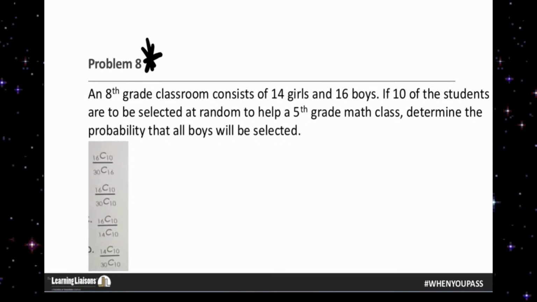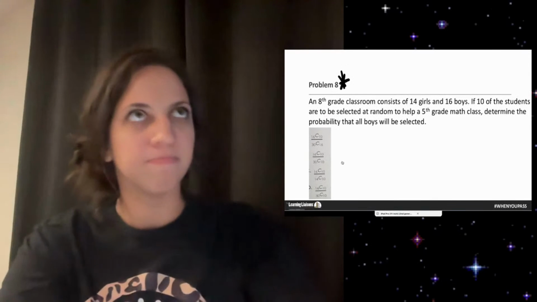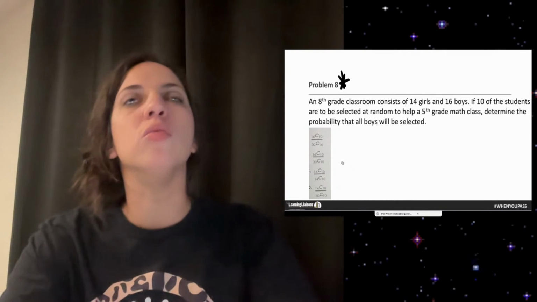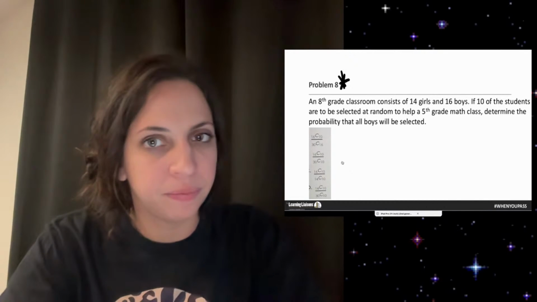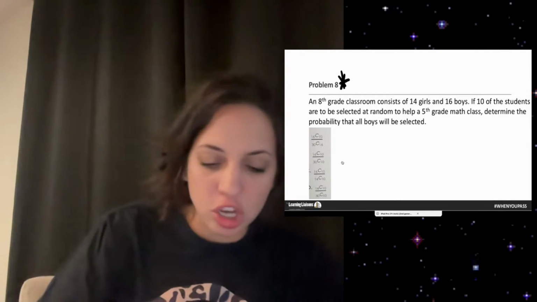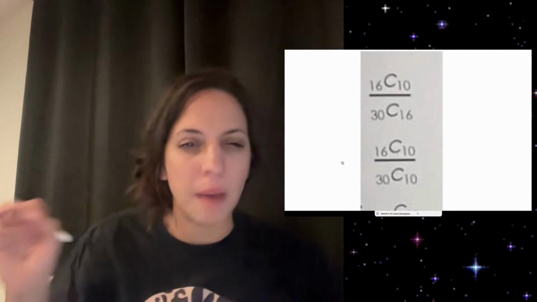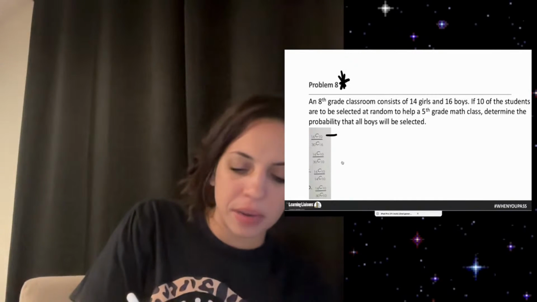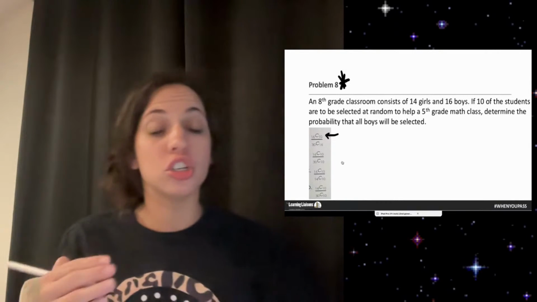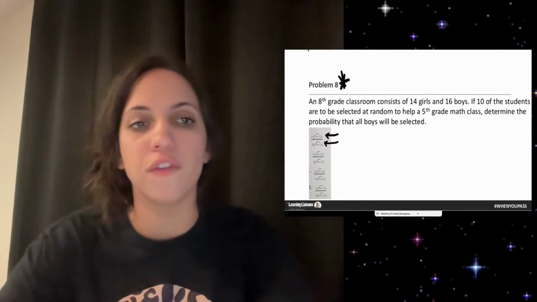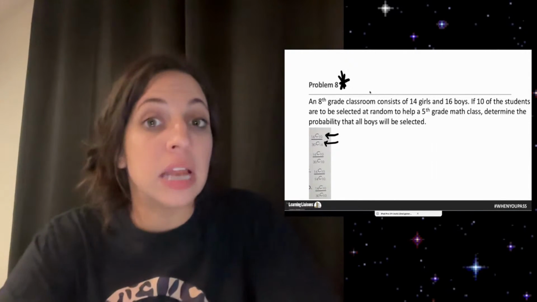All right. So this kind of probability, I wouldn't worry about a ton. But let's go over it. This notation right here is combination notation. So all they're saying is use the combination formula to solve for the top, use the combination formula to solve for the bottom, for the denominator.